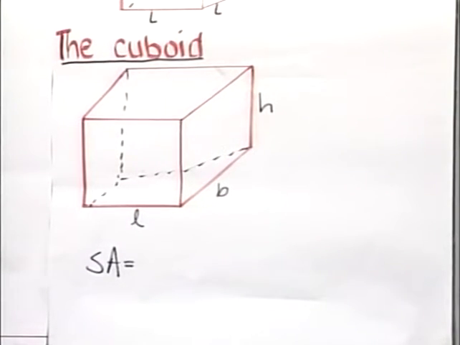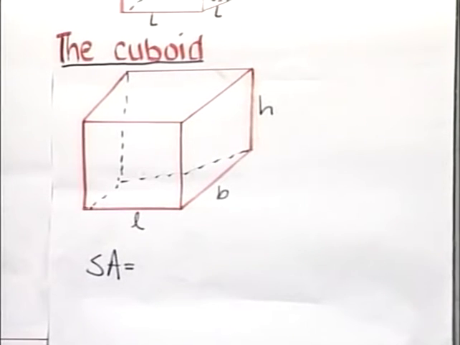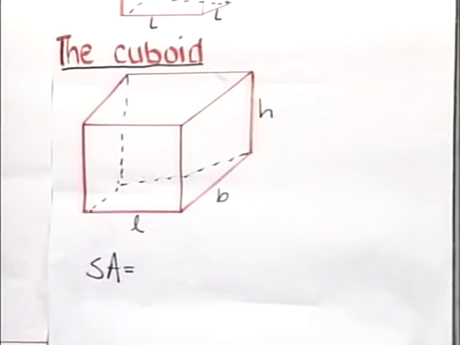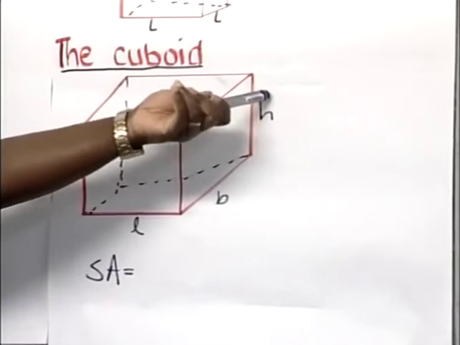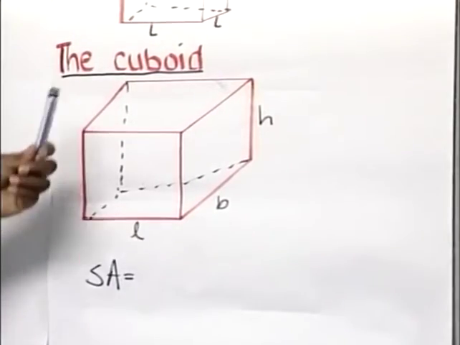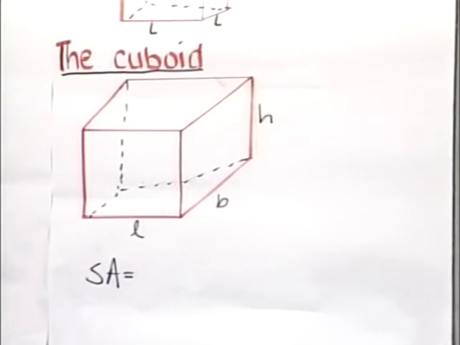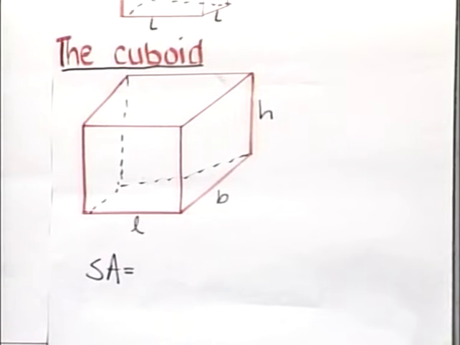How many faces does a cuboid have? 6, okay. 2 of each are the same. The front one is the same as the back, the sides are the same, the bottom is the same as the top one. So what is the surface area?